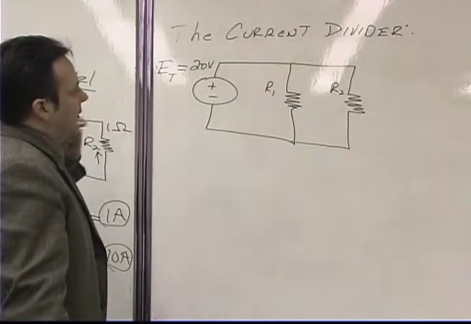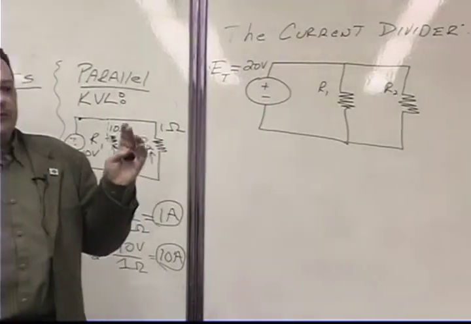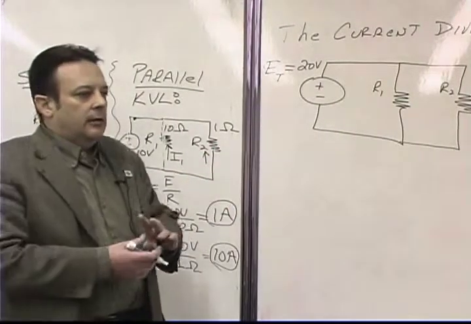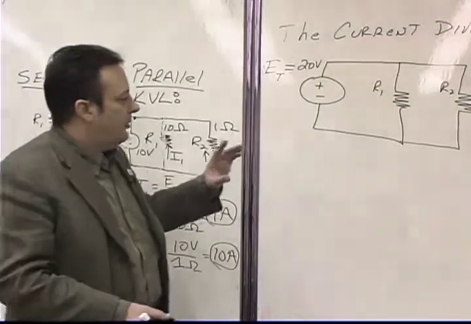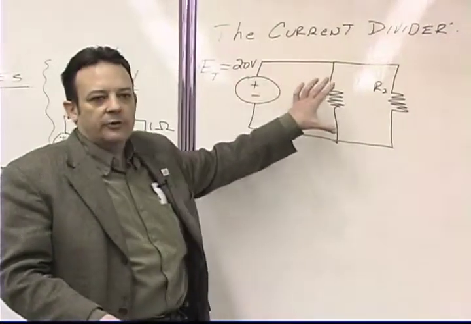The idea of the current divider is very simple. It's the same thing that would happen if you had a water system. Let's say for a moment, hypothetically, that rather than an electrical circuit, this represented a water system.